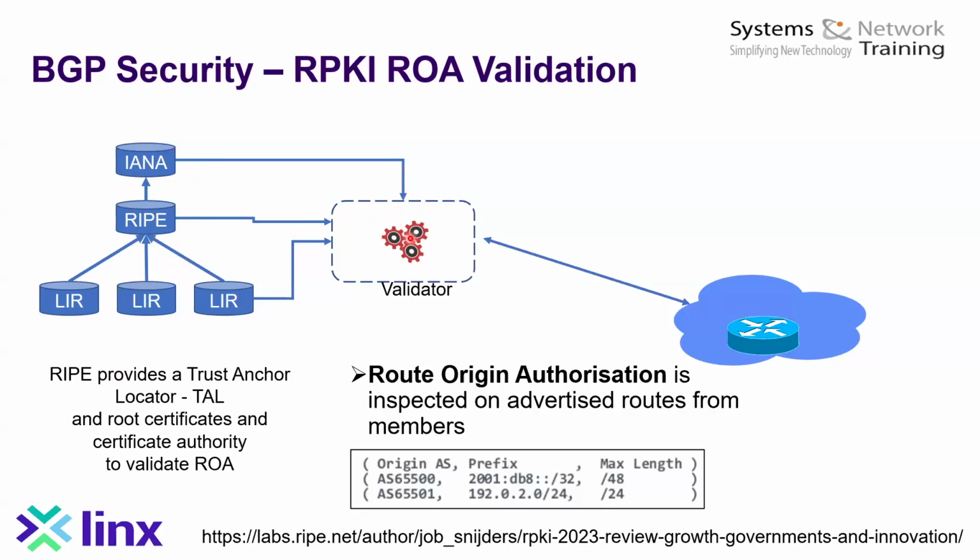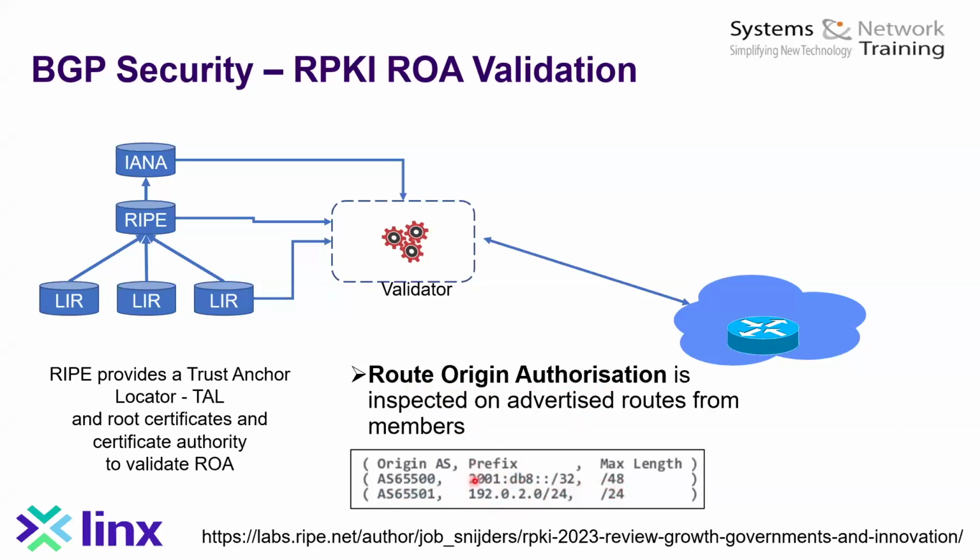Now the authorized or authenticated routes are what we call ROAs. ROA stands for Route Origin Authorization. Effectively, it's a prefix with the originating AS and a mask length, or varying length masks.